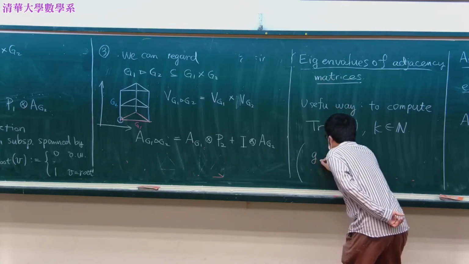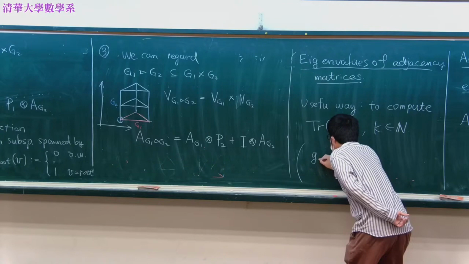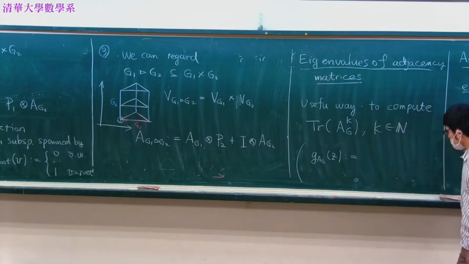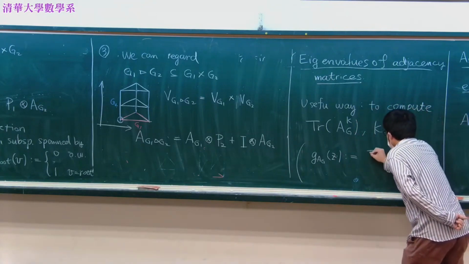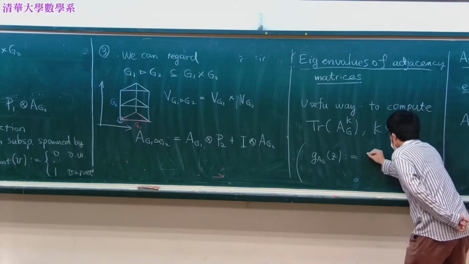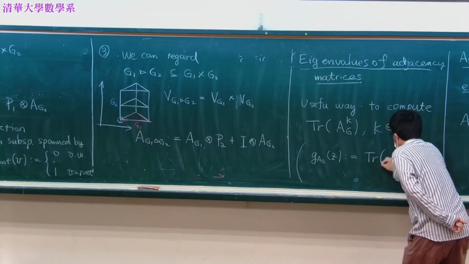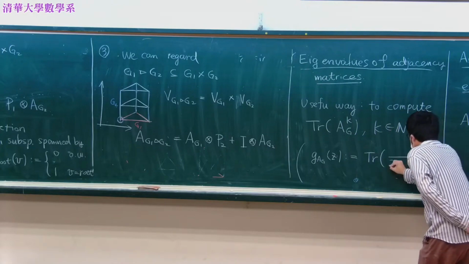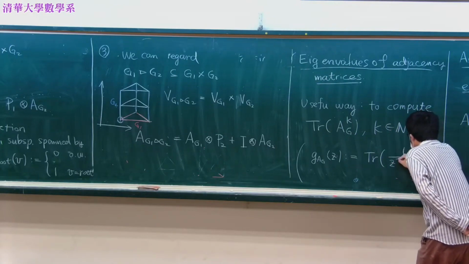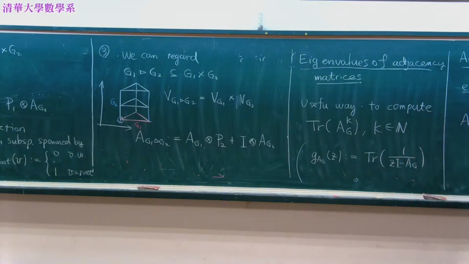Let me write a small g, maybe AG. This is defined by trace, and we take the resolvent, z minus A. So let's consider such a function.